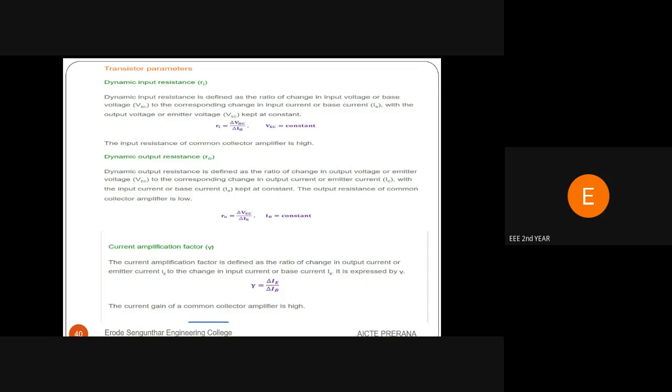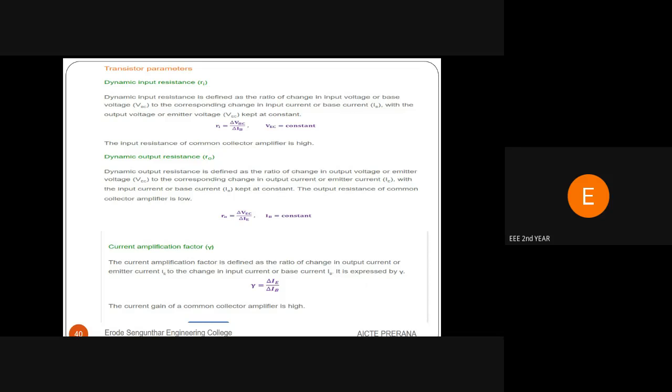The next parameter is output resistance. The output resistance is defined as the ratio of change in output voltage to change in output current at constant input current. Here the output voltage is collector emitter voltage, output current is emitter current, input current is base current. So output resistance equal to delta VEC divided by delta IE at constant IB.